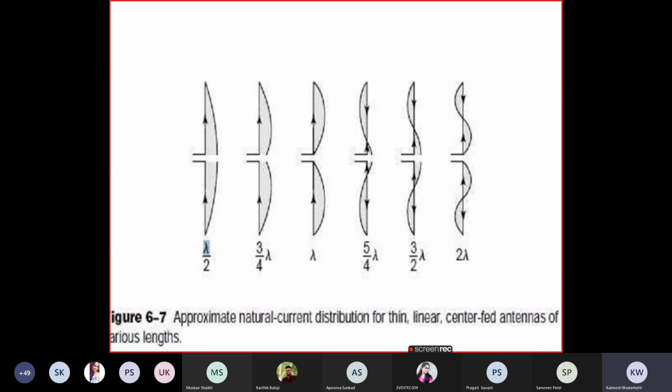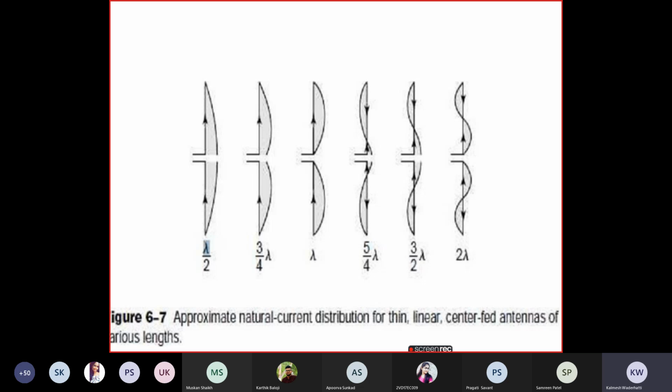Understand here, thin is nothing but its diameter is less than lambda by 100. Its diameter will be less than that and the length will be changing: lambda by 2, 3 by 4 lambda, lambda, 5 lambda by 4, 3 by 2 lambda, as well as 2 lambda.